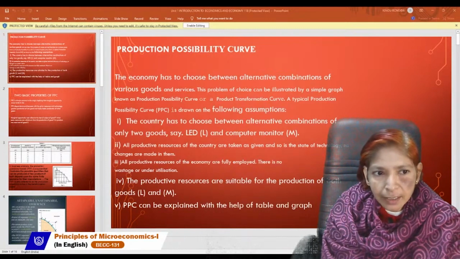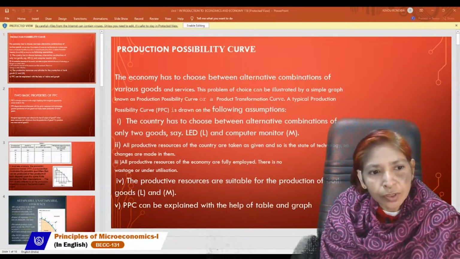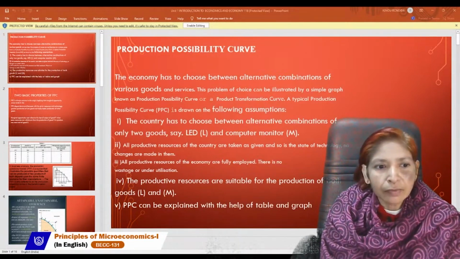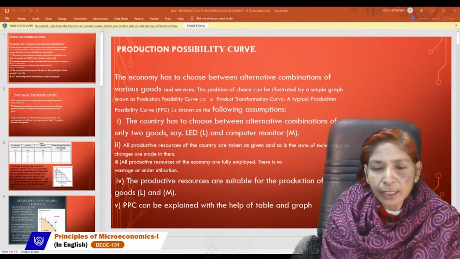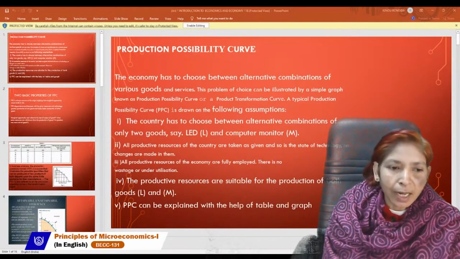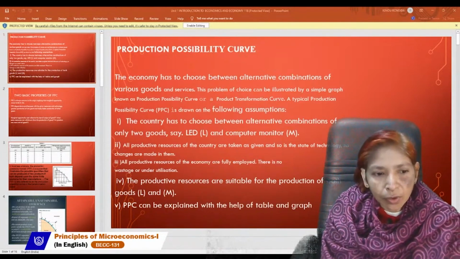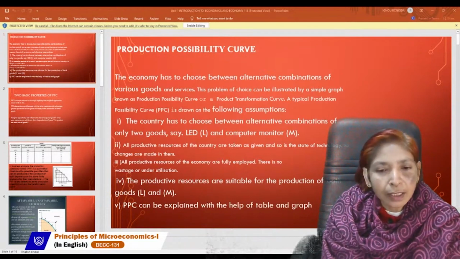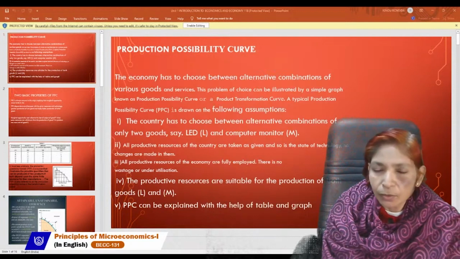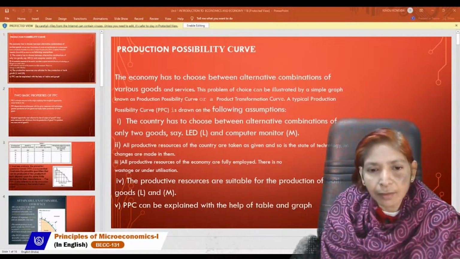So shift right when we discover new resources or technology. This will move the curve closer to point E, and shift left when resources are destroyed or technology decreases. So PPC can shift either to the right hand side or left hand side.